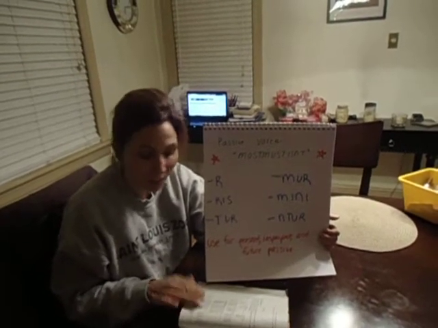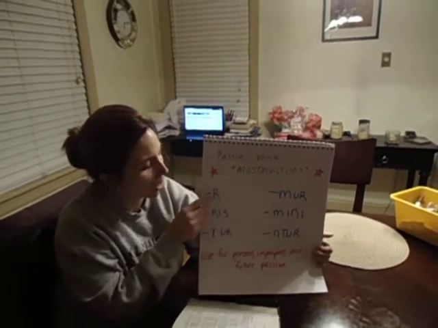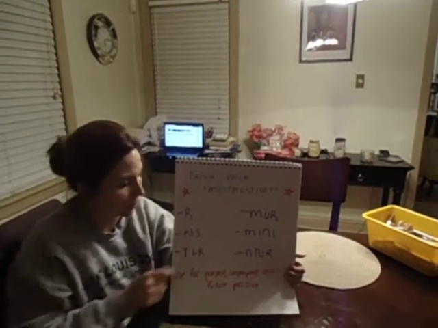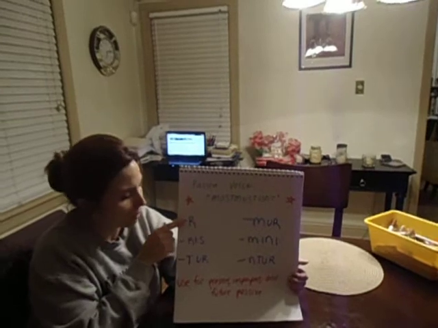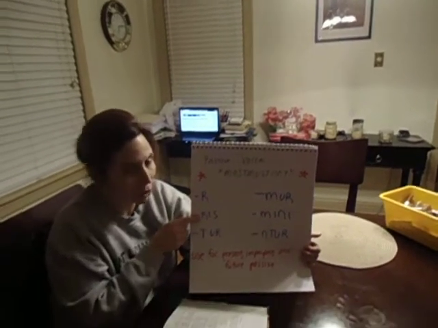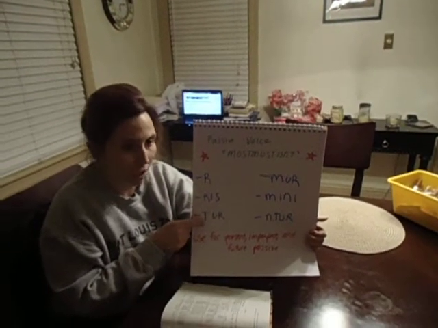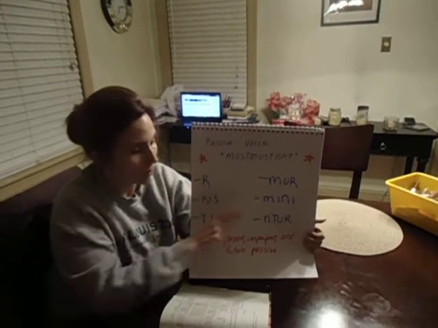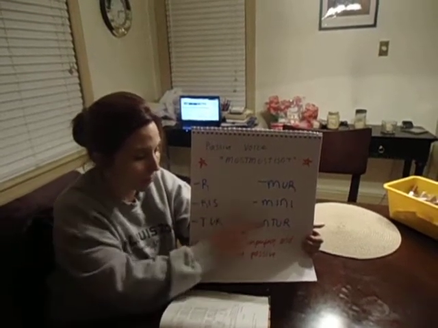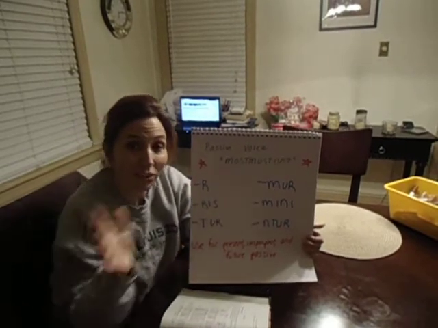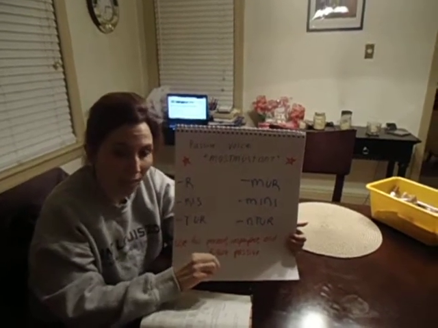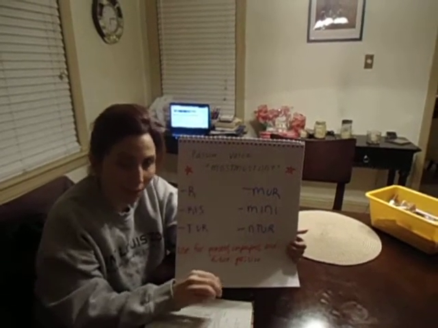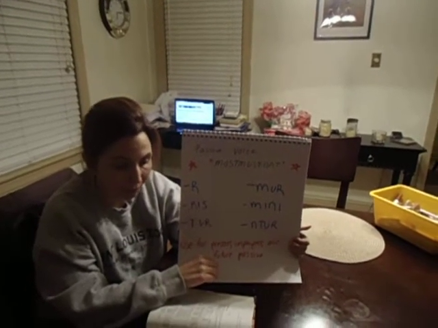And again, this is on page 104. Bar, baris, batur, bamur, bamini, bantur. We were, or I was being loved. You were being loved. She, he, it was being loved. We were being loved. Y'all were being loved. They were being loved. And just like in imperfect active, that BA equals was or were ing. So in this case, was or were being.